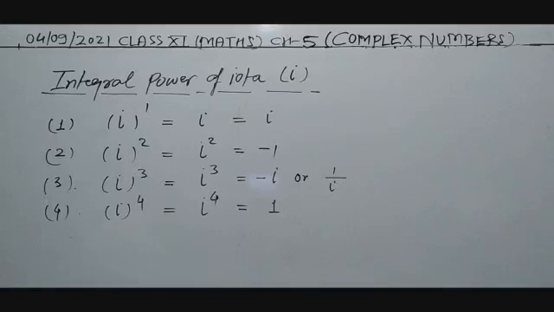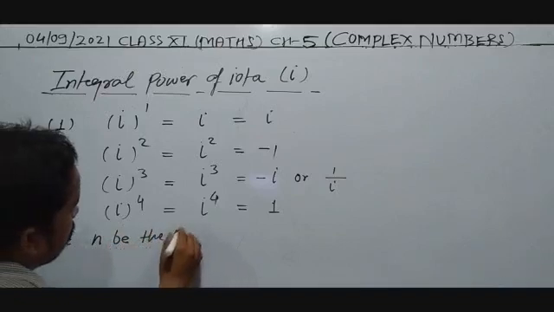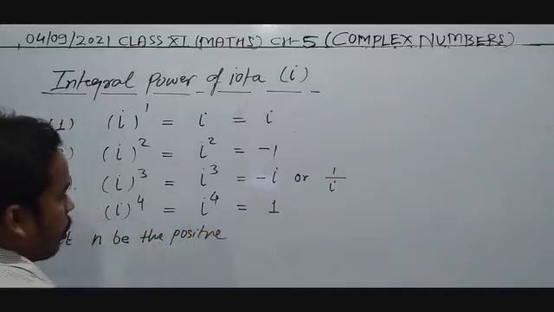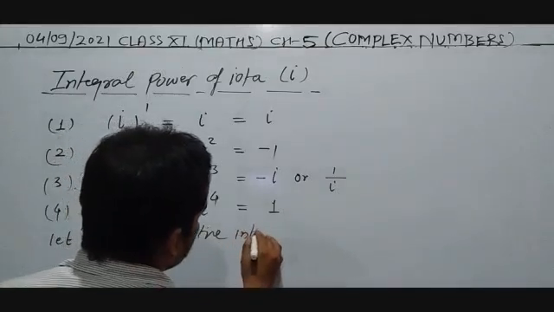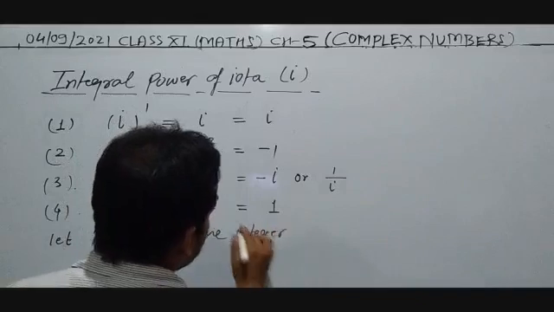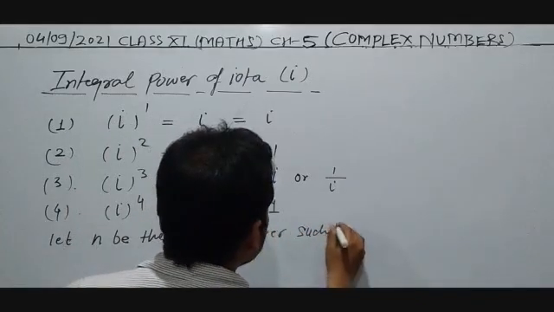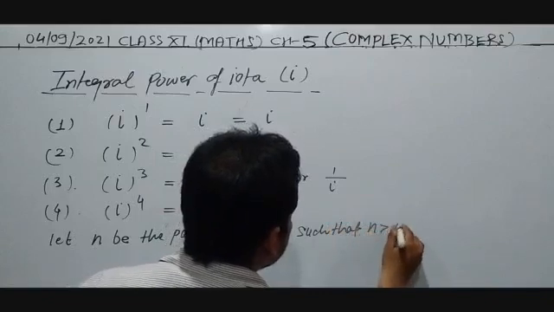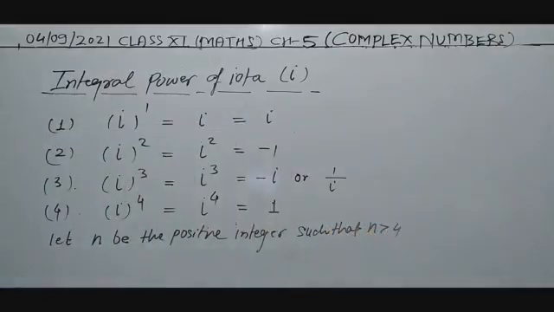Let small n be a positive integer such that n is greater than 4.